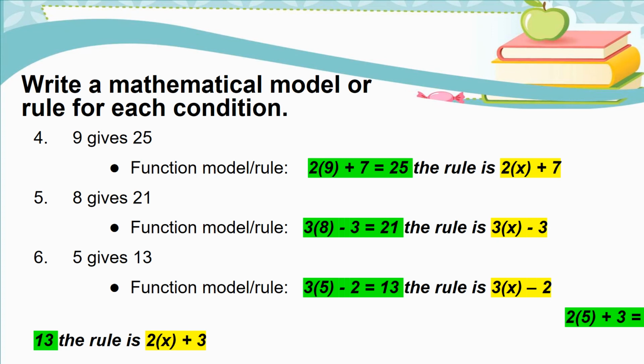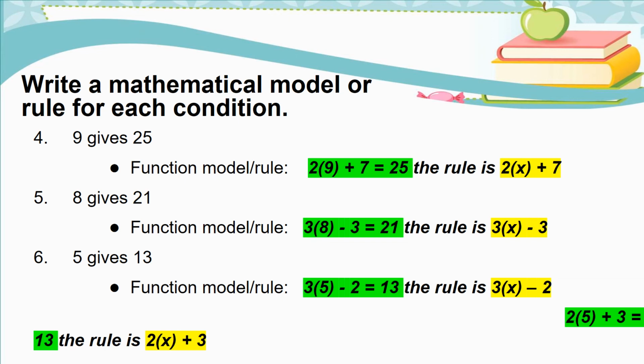Okay. 9 gives 25. So, how to model this given? So, we're going to copy 9. Tapos, mag-iisip tayo ng kung ano yung gagamitin nating pang-multiply at pang-add para makapag-create tayo or makapag-result tayo ng 25.